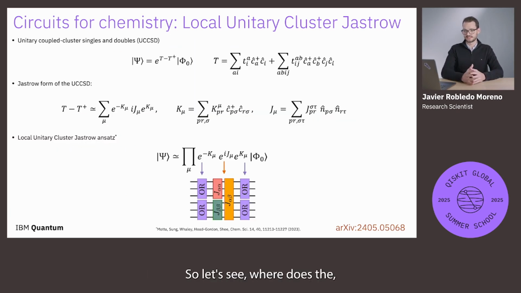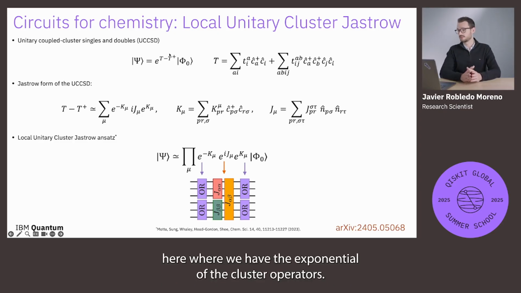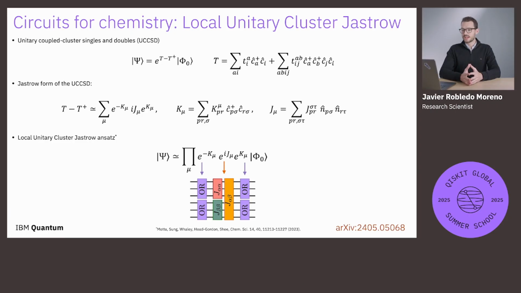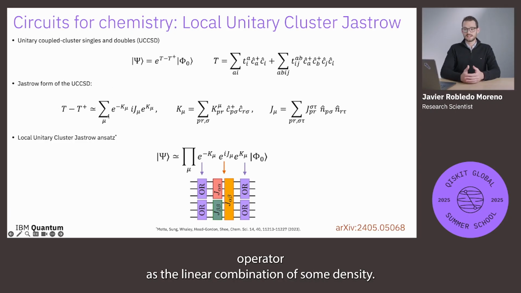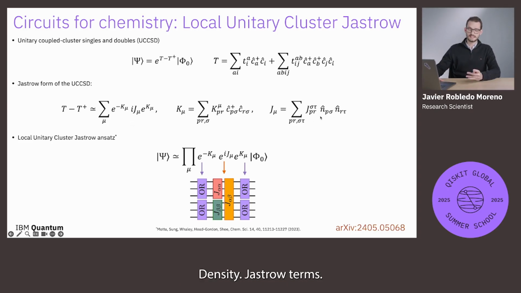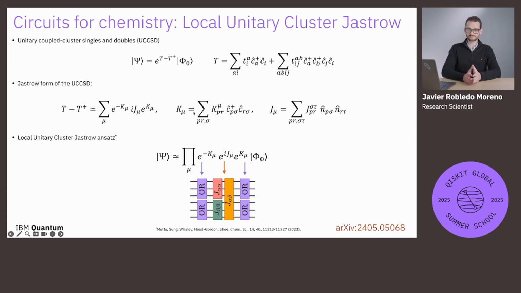So let's see, where does the local unitary cluster Jastrow come from? It comes from unitary coupled cluster with singles and doubles, where we have the exponential of the cluster operators. Now what we are going to do is expand the cluster operator as a linear combination of some density Jastrow terms. These are some diagonal two-body terms sandwiched between orbital rotations of the following form.